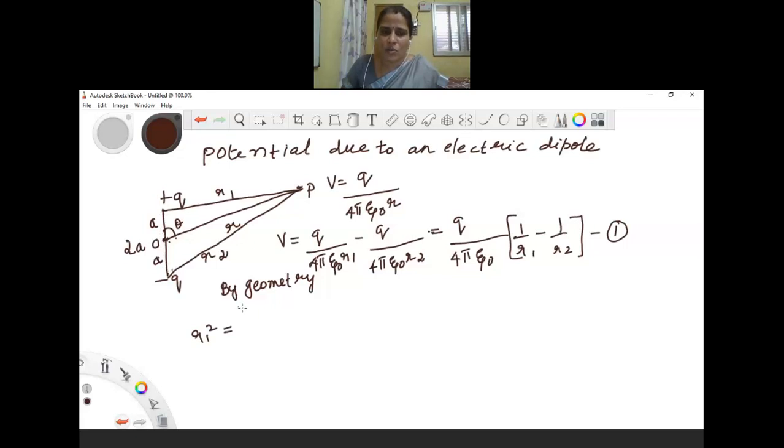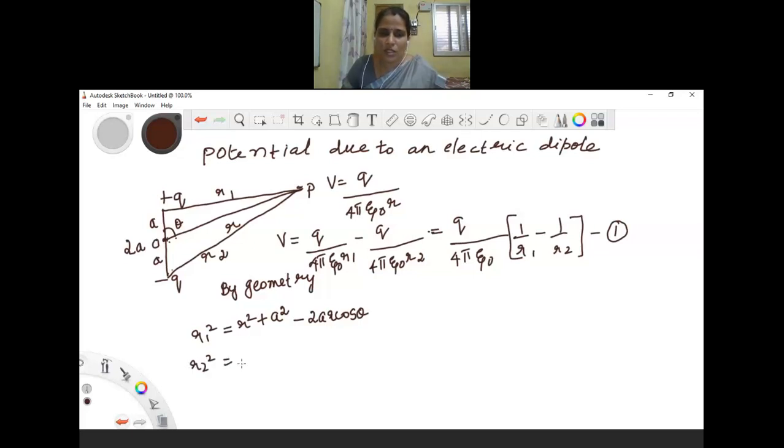Okay, so R1 square will become R square plus A square minus 2AR cos theta. And similarly we can write for R2 square also.